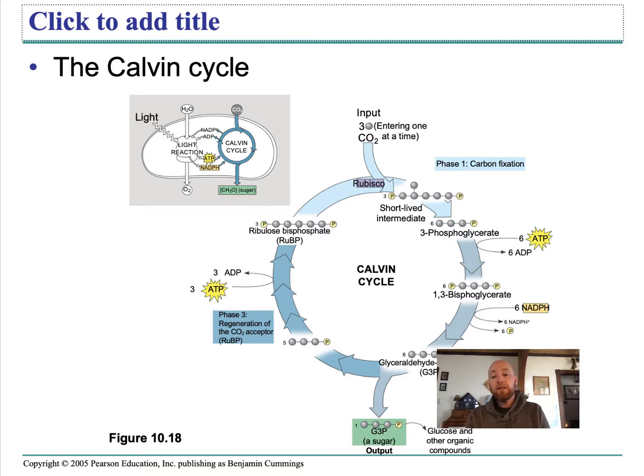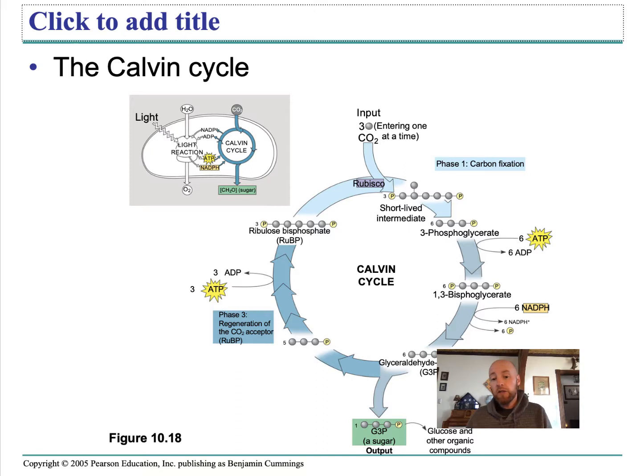Once we get that, that's the carbon fixation stage, we can put a bunch of energy into that molecule we just made. So we're going to dump 6 ATPs, 6 NADPHs into that molecule. And from it, we're going to be able to remove 1 G3P sugar. So that's the equivalent of a pyruvate, a 3-carbon sugar.